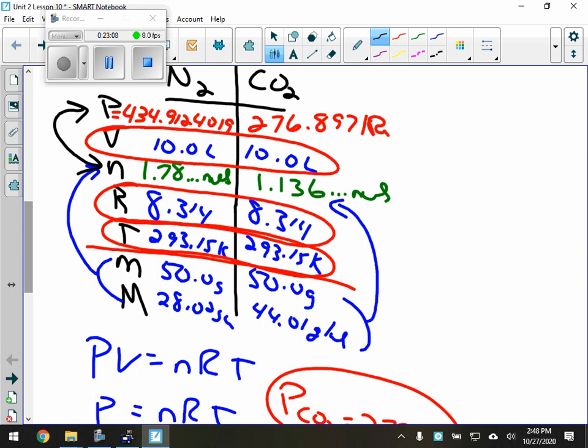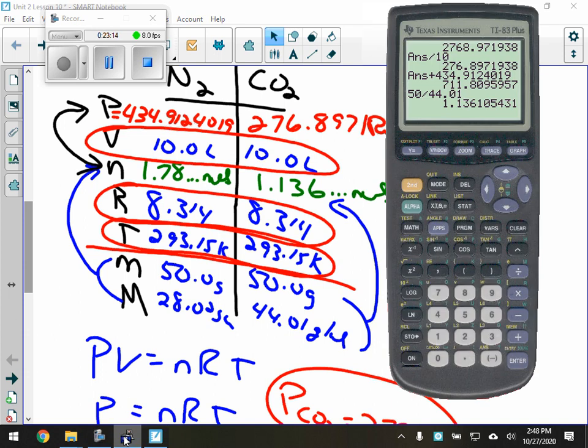So what I'm saying to you is, look, I'm going to use some rounded numbers, so this isn't going to work out perfectly, but watch this. I'm going to say this is 435 and I'm going to use 1.78. 435 divided by 1.78, I get about 244.